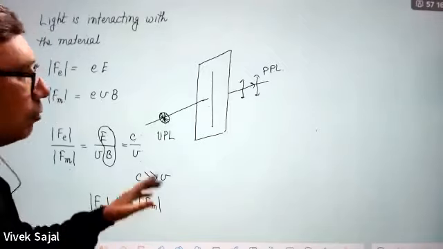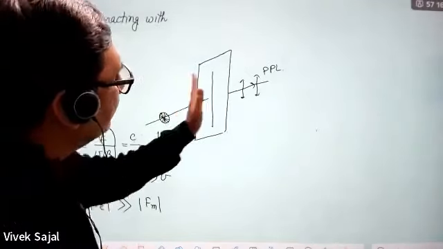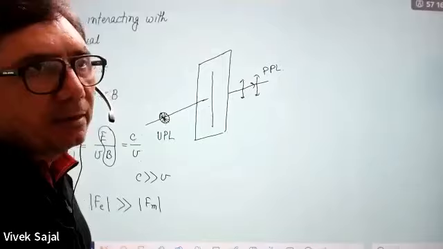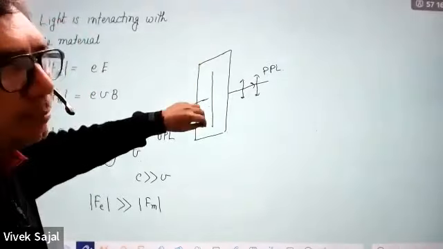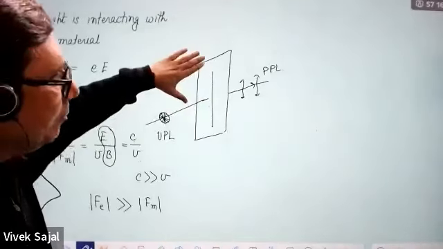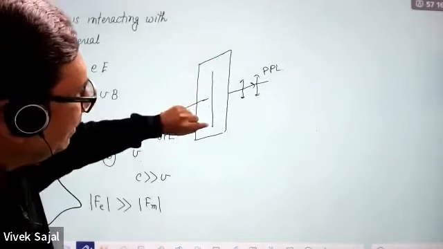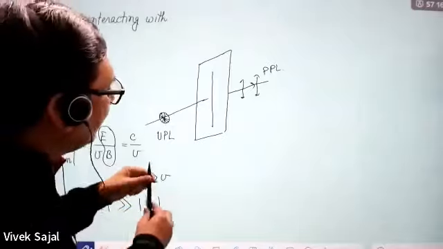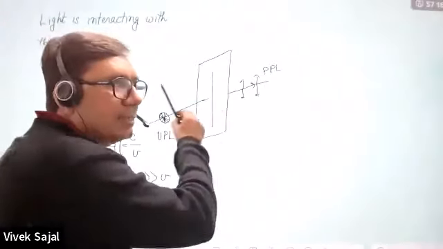So during polarization, how is that possible? Other electric vectors will be blocked by this material, and the part of the electric field that is parallel to this axis will be passed.